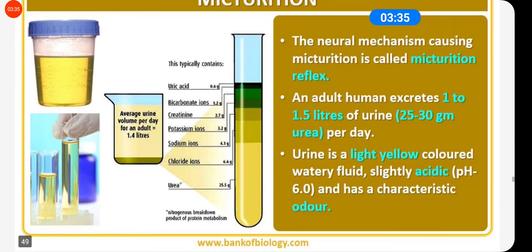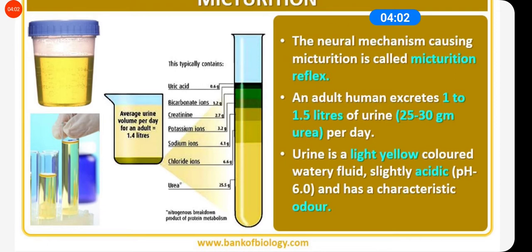So an adult excretes 1 to 1.5 liters of urine containing 25 to 30 grams of urea per day. Now what is urine? Urine is a light yellow colored watery fluid which is slightly acidic, its pH is near about 6, and it has a characteristic odor. Why is this odor there?